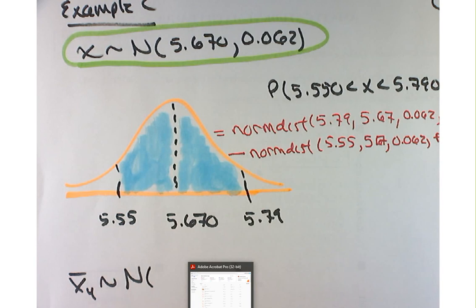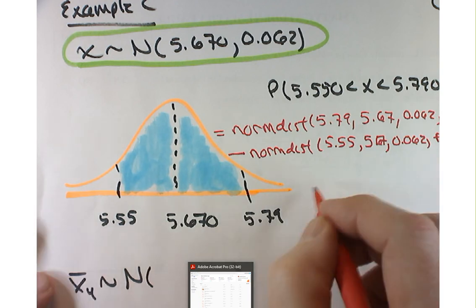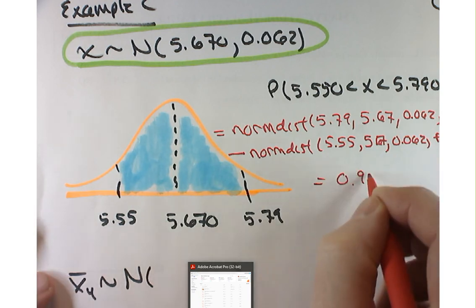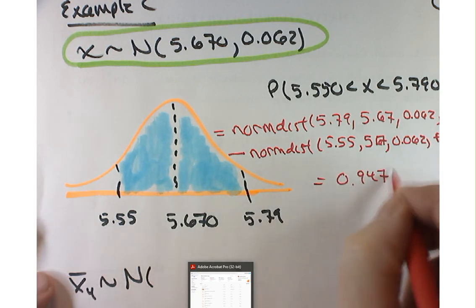And that should give you about 0.947 something. Is that right? Is that what you get? Yeah. Give me one more digit. 0.9471. All right, nice.